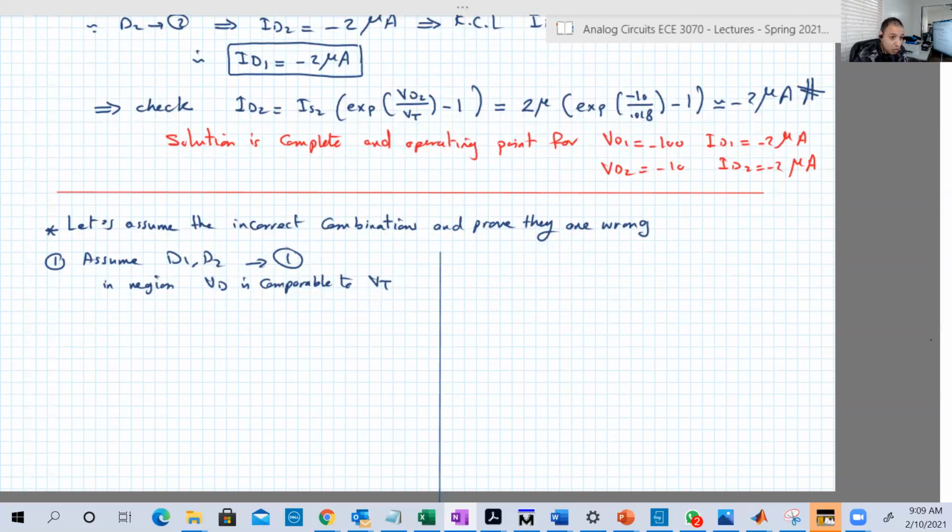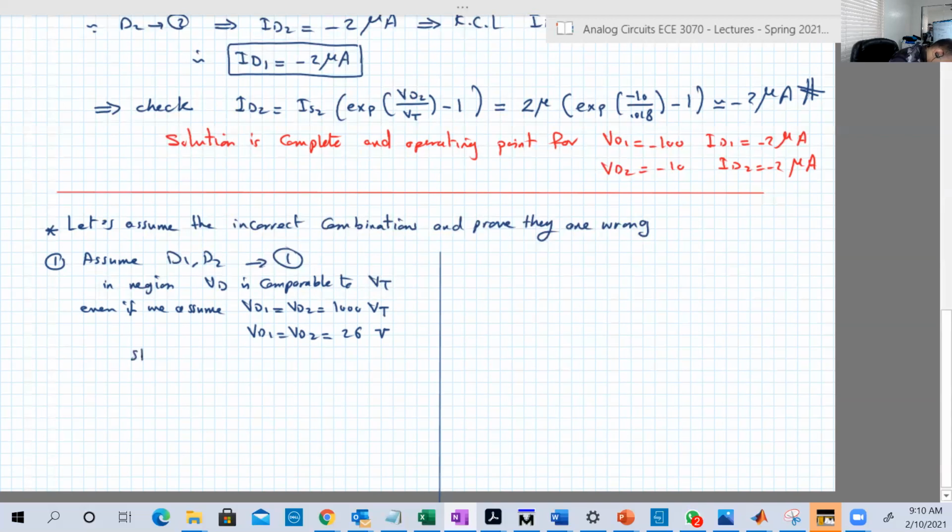Even if we assume 1,000 volt, or even if we assume that VD1 equal to VD2 equal to 1,000 VT, that means VD1 equal to VD2 equal to 26 volt, because 1,000 times 26 milli will give you 26.